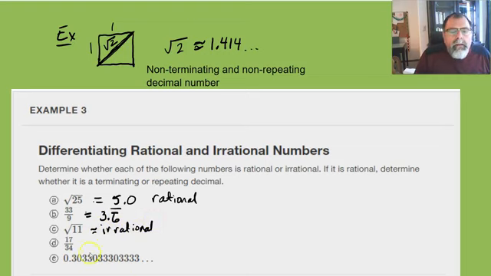Okay, 17 over 34. One thing to know too, if it's written as a ratio of two integers, that's the definition of a rational number. So it's obviously going to be either a terminating decimal or a repeating decimal, right? So 17 over 34.